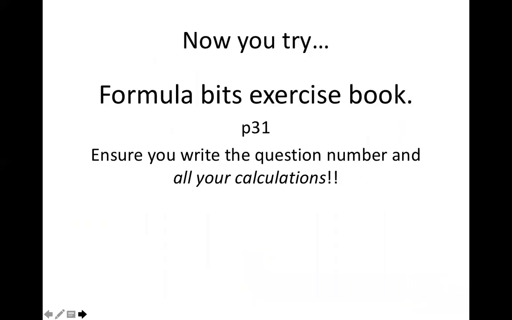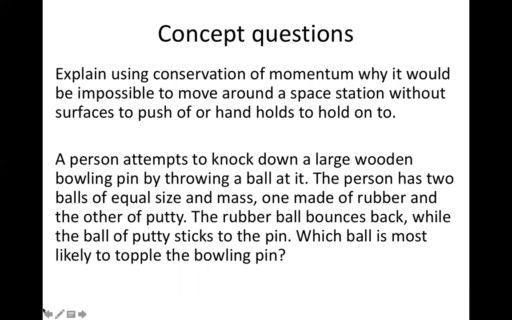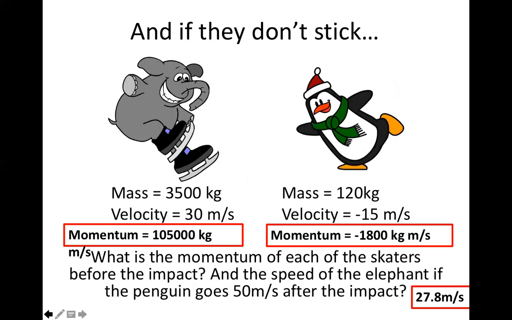Okay, let me see. 105,000 plus negative 1800 equals 103,200. How did you all get 28.5?